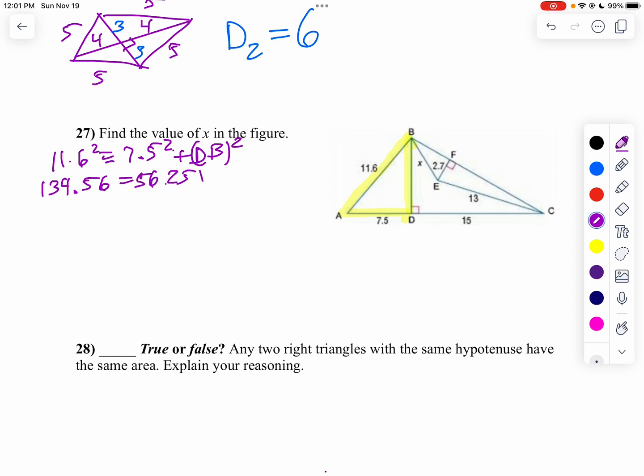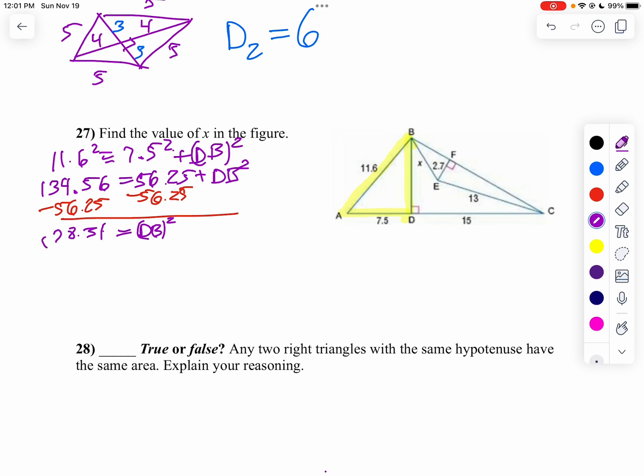Plus DB squared. Now let's subtract 56.25 from both sides. So if we take 134.56 minus 56.25, we end up with 78.31 equals DB squared.